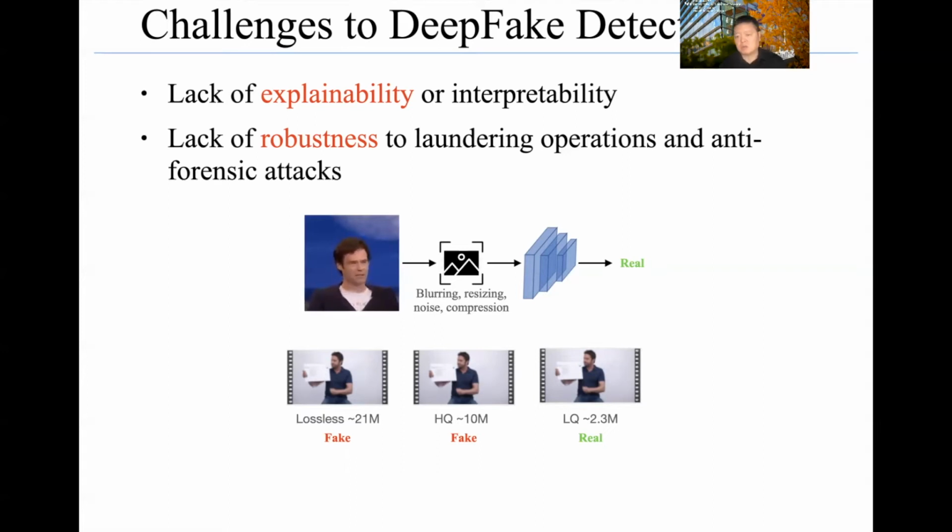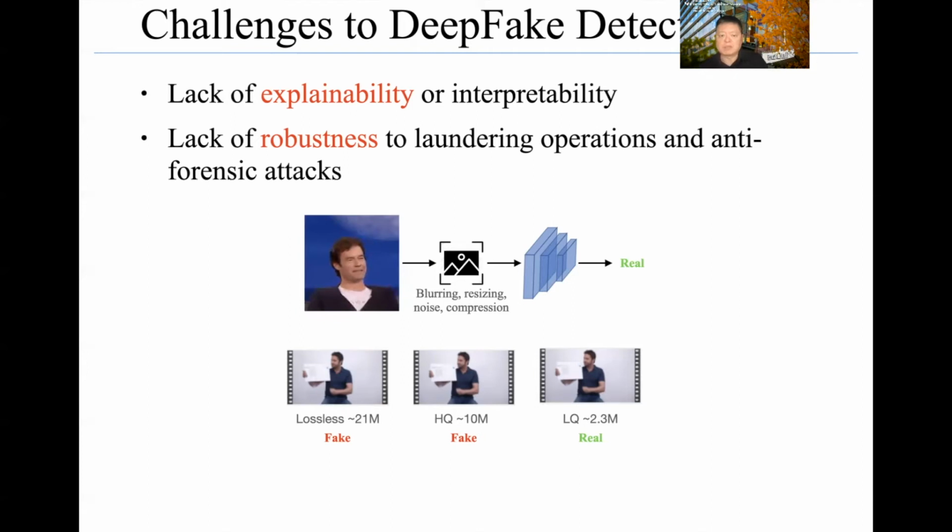But we all know that all the videos, when they're uploaded to social platforms like YouTube or Instagram, will undergo significant compression to reduce the required network bandwidth. And when the videos are compressed into a low quality version, many of the detection methods will fail.